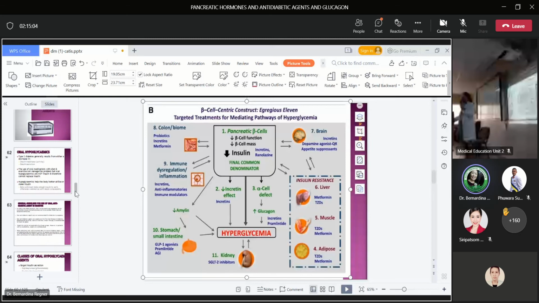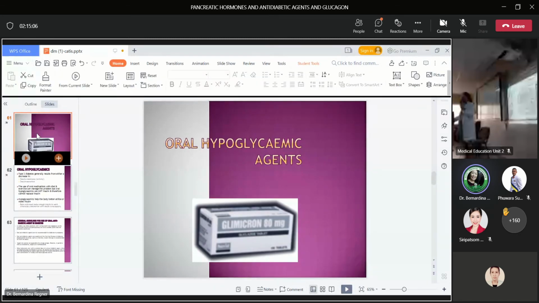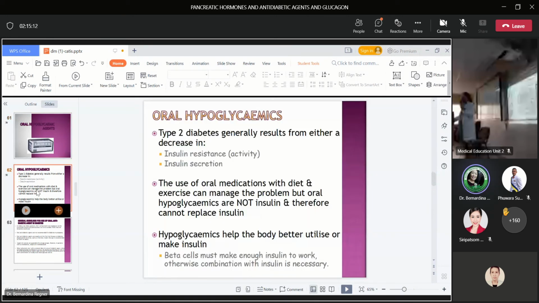So we are now in your oral hypoglycemic agents. Type 2 diabetes generally results from either a decrease in insulin activity or insulin resistance. Give me an example of a drug that targets insulin resistance. Metformin, very good. Insulin secretion?